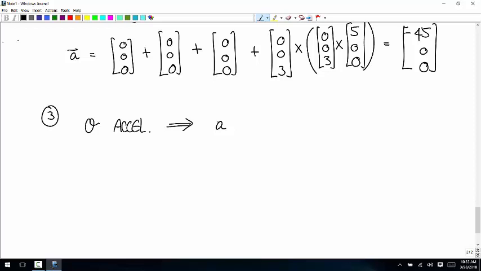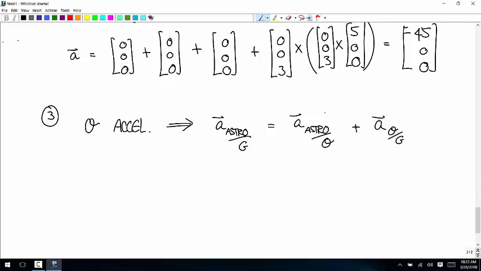So the acceleration of the origin. No, what we want is the acceleration of the object, the astronaut, relative to the ground, is equal to the acceleration of the astronaut relative to the origin, plus the acceleration of the origin relative to the ground.